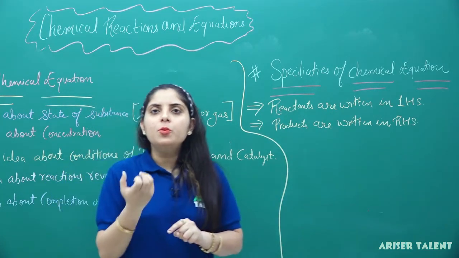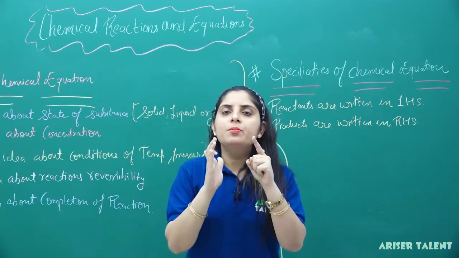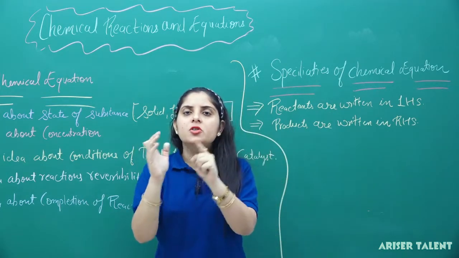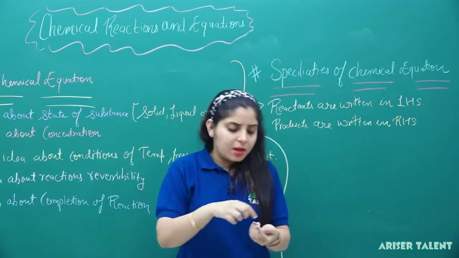Now, the third point is the arrow. What will the arrow indicate? The arrow is placed between the reactants and products to separate them, and the head of the arrow will indicate the direction of the reaction.